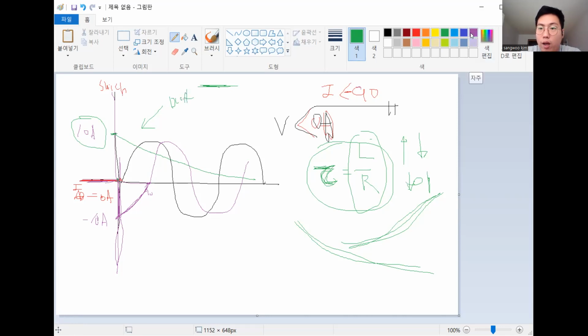And look at that. What happened? Which color? Red color. Now, because of this DC offset, look at that, the fault current does not start from here.